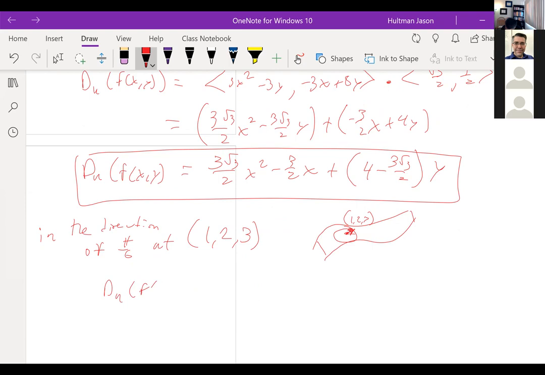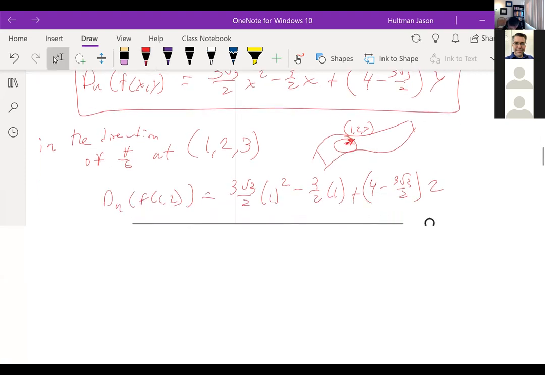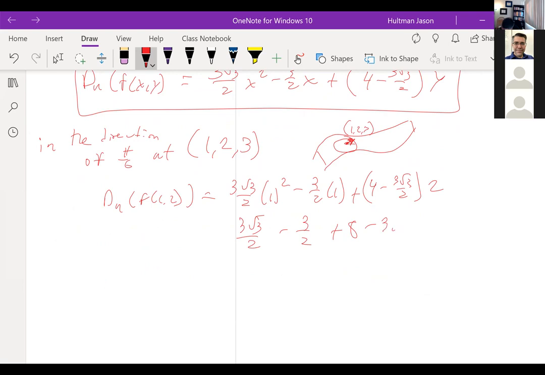Well, Du of f of 1, 2 is equal to 3 radical 3 over 2 times 1 squared minus 3 over 2 times 1 plus 4 minus 3 radical 3 over 2 times 2, right? So let's see if we can simplify this at all. This is 3 radical 3 over 2 minus 3 over 2 plus 8 minus 3 radical 3.